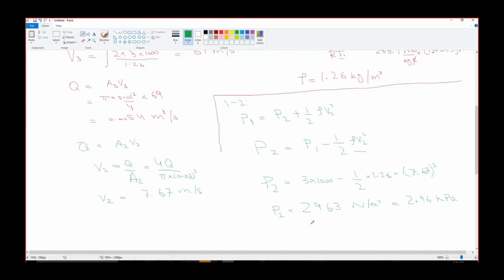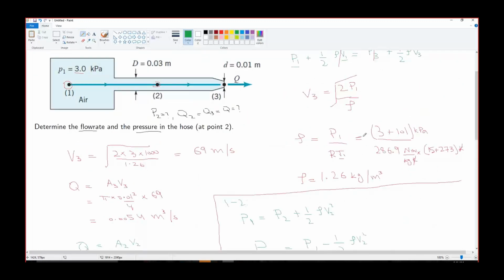There is a difference of 0.04 kilopascals. So what has happened to that 0.04 kilopascals? It increased the dynamic pressure, that is the velocity at point 2. That is converted to dynamic pressure at this location. The velocity is due to change of that 0.04 kilopascal into the dynamic pressure. Clear? Yes, sir.